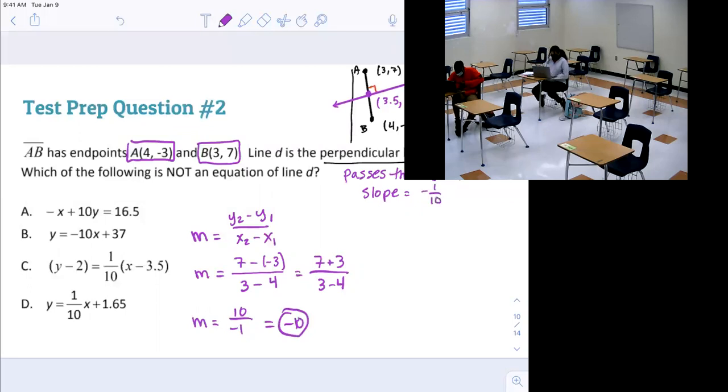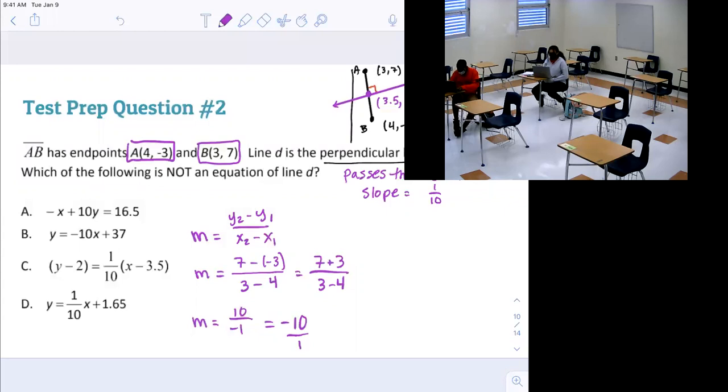Because remember, to get your opposite reciprocal, you have to think of this kind of like a fraction and then flip it. And not only flip it, but make it positive because it started out negative. So you're flipping the sign of it. So my slope is 1/10. We went from -10, and the opposite reciprocal of -10 is positive 1/10.